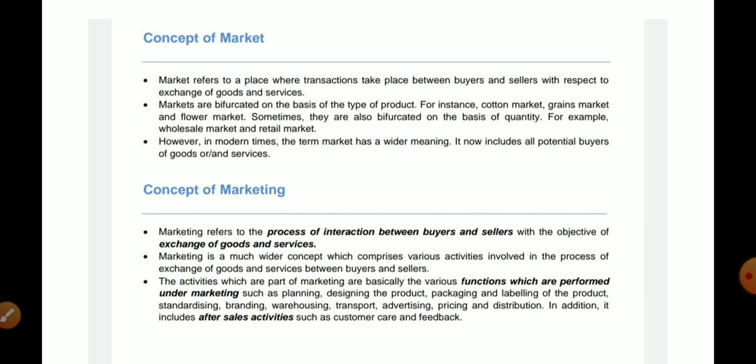That is planning of product, designing the product, packaging, labeling and standardization, branding, warehousing, transportation, advertisement, pricing and distribution. And now a new element is also added, that is after sales services. If a person gets a product which includes after sales services, it is more preferred by the customer. So marketing is a wider term.